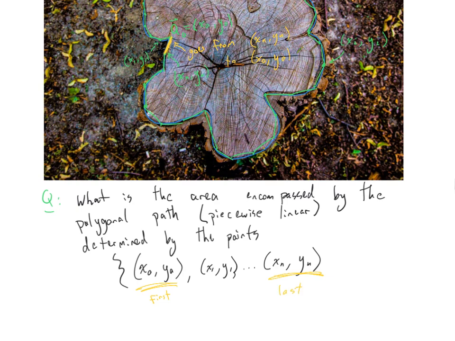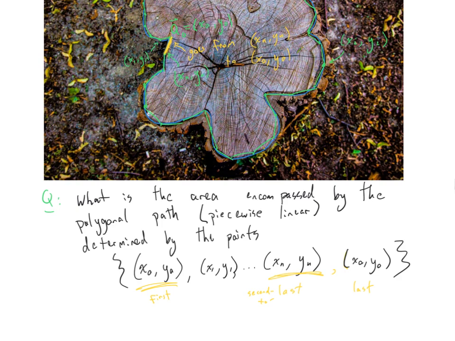And so you could almost think that there's one more point. It's maybe wrong to call this the last, this is the second to last. The last point would be the point x0, y0, and then you finish off your path.